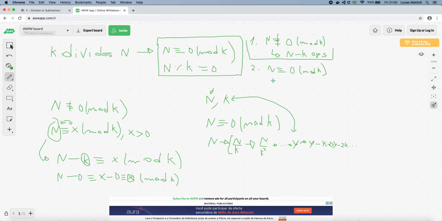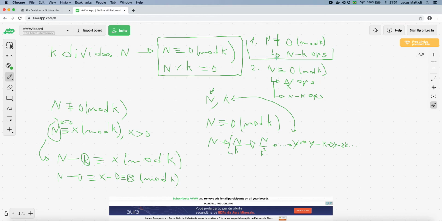With that, we'll do some n over k ops. And then, if after these operations, the remaining value is greater than or equal to k, we'll do some n minus k ops in this order.